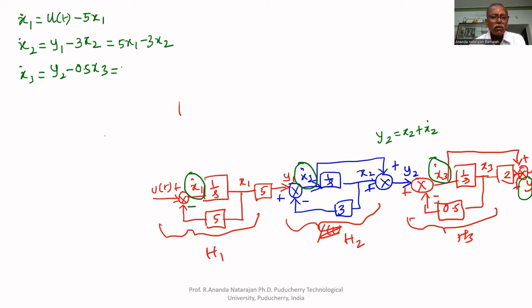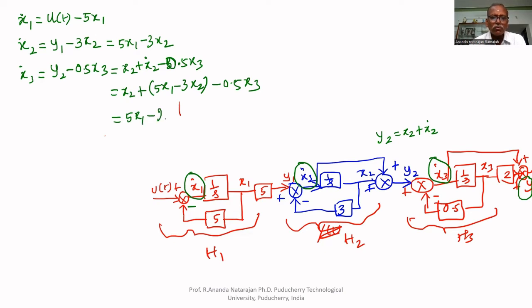Therefore, instead of y2 we can write x2 plus x2 dot, so x3 dot equal to x2 plus x2 dot minus 0.5 x3. For x2 dot, we already got in the previous equation 5x1 minus 3x2. If you group x2 together, you will get minus 2x2 minus 0.5 x3. So we got x3 dot.